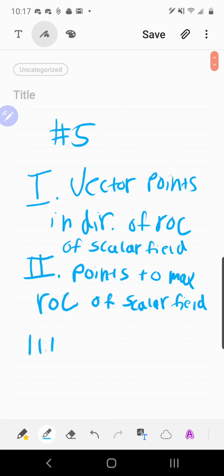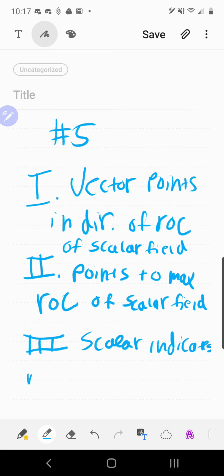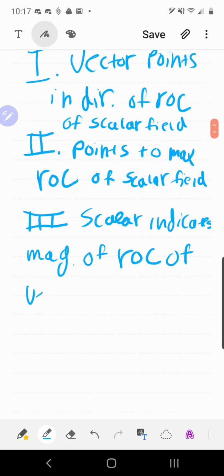Number three, a scalar that indicates the magnitude of the rate of change of a vector field in a general direction.